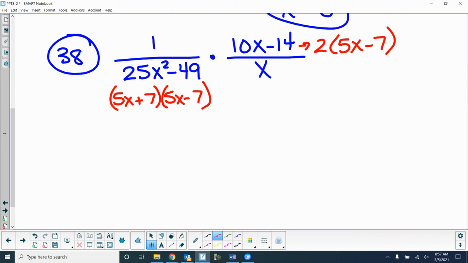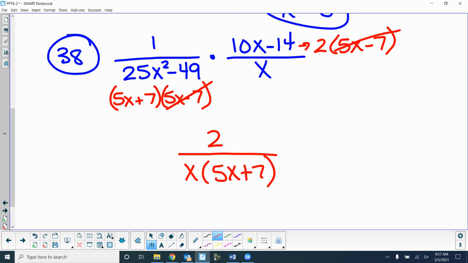So, I see the 5x minus 7s as being the same. One top, one bottom, right? So, 1 times 2 is 2 for the numerator. And then 5x plus 7 times x is the denominator.